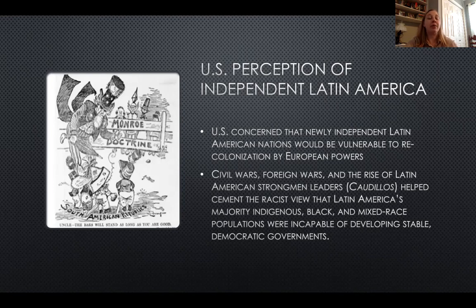So they believe that Latin America is exceptionally vulnerable to attack and recolonization by European powers. This fear is actually realized over and over for the United States in the early 19th century as European powers frequently invade Latin American nations in order to collect debt.